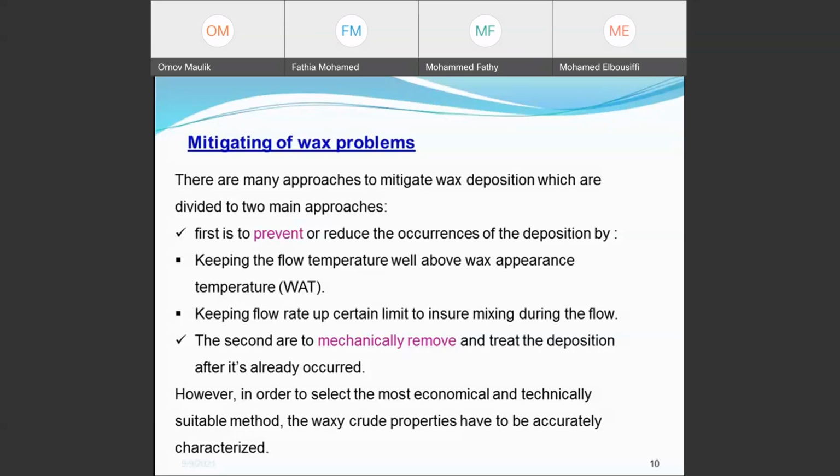Second, mechanically remove and treat the deposition after it has already occurred. However, in order to select the most economical and technically suitable method, waxy crude properties have to be accurately characterized.